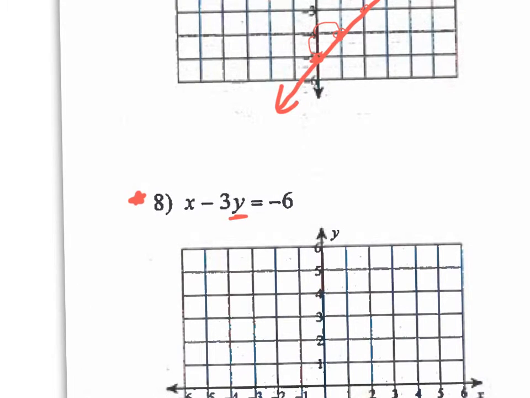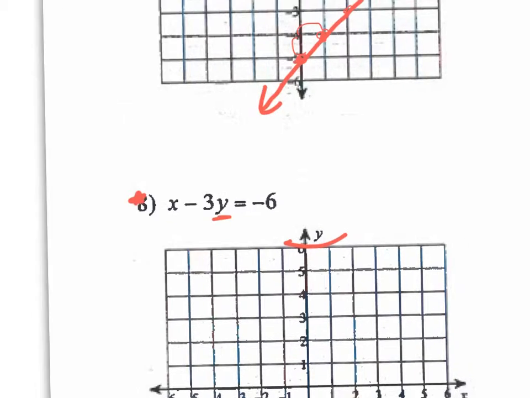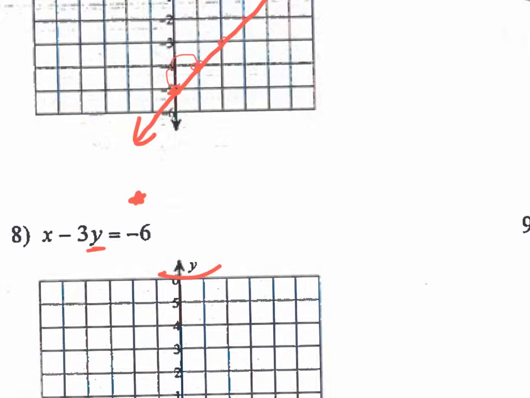So in order to do that, I need to first subtract x. And in fact, I'm actually going to rewrite this equation over here. So I have x minus 3y is equal to -6.